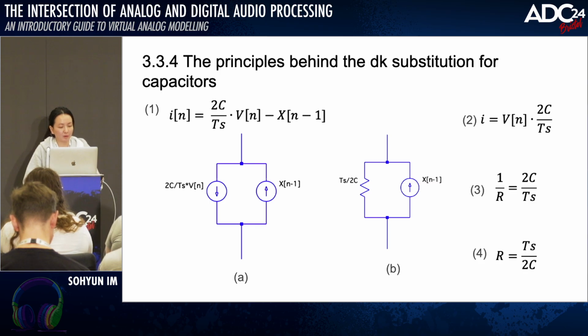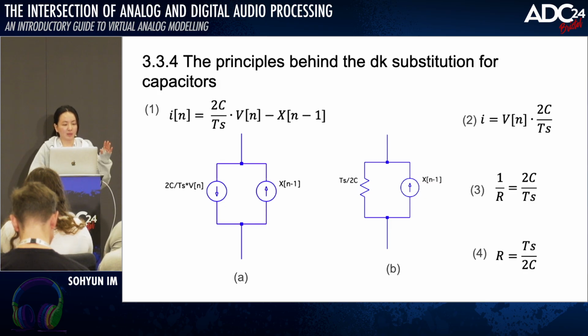From here, we can interpret 2c over Ts as 1 over R because of Ohm's law. And if we flip it, we can express R equals Ts over 2c.